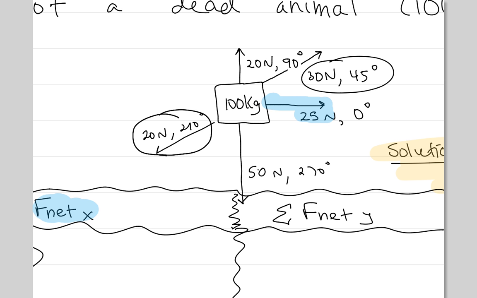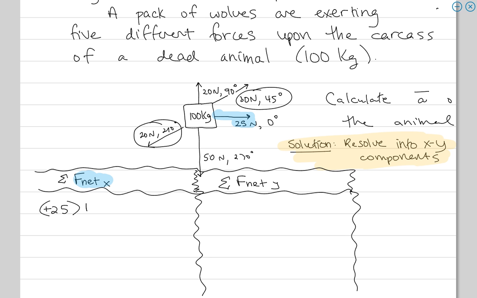So the 30 newtons at 45 degrees, how do you resolve that into its component? The hypotenuse is 30, the angle's 45, and it's going east, so you're going to write a positive 30 cos 45.